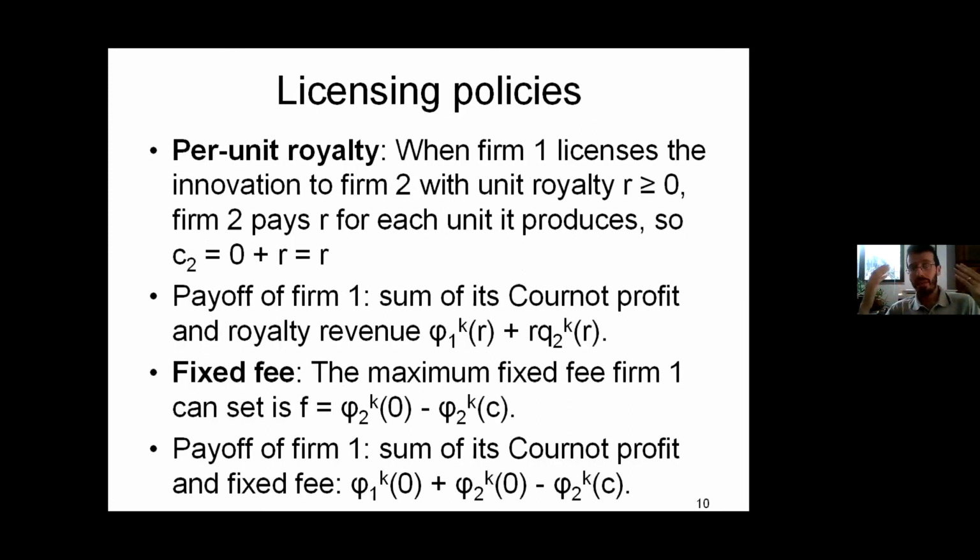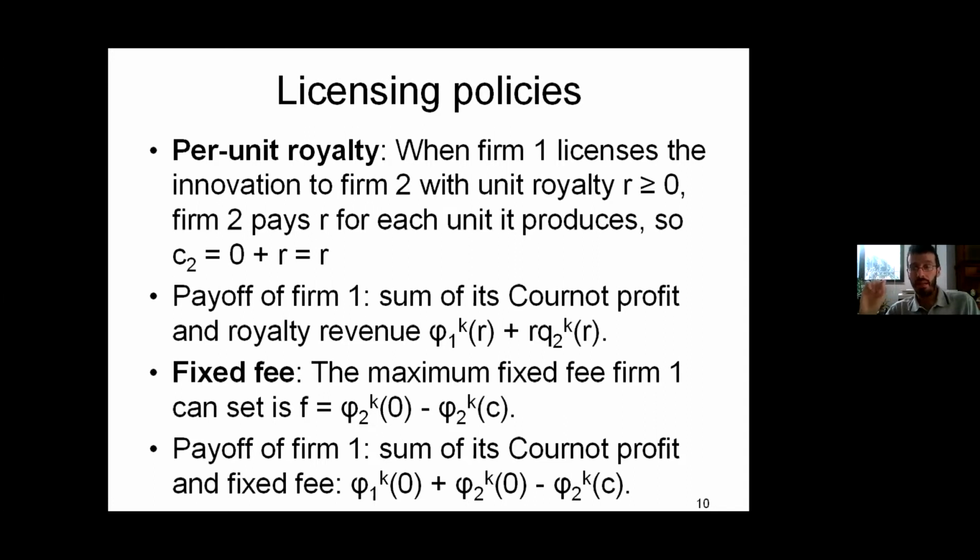What about the licensing policies we are considering? As I told you at the beginning, we are just focusing on 2 kinds of licensing policies and combinations of them. The first one is the so-called per unit royalty scheme.